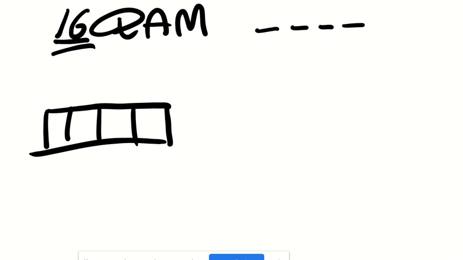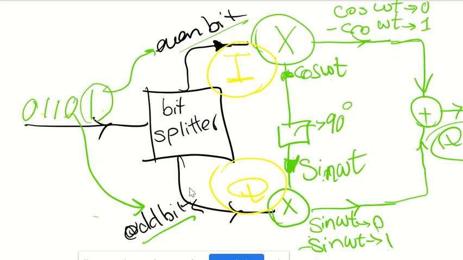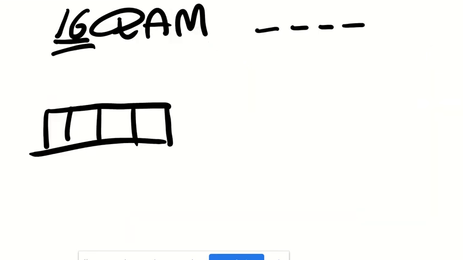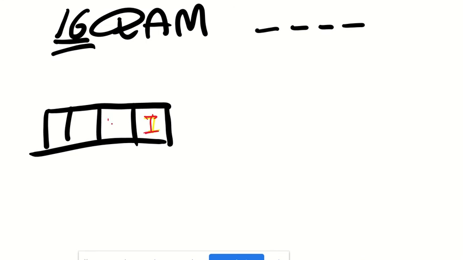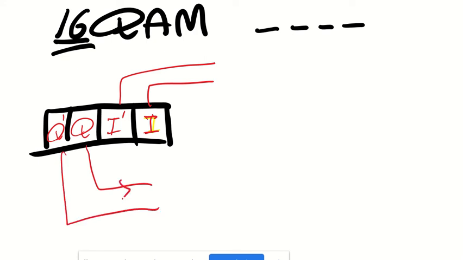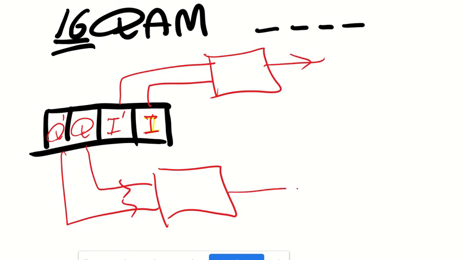Here I said I will go up, Q will go down, right? So I'm going to call this I, and this is my I as well, and this is Q, this is Q prime. That means I'm sending these two up, and I'm sending these two down. So I'm sending 2 bits of information up, two of them down.